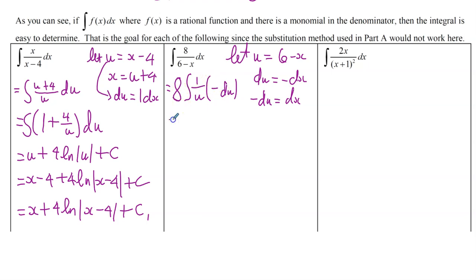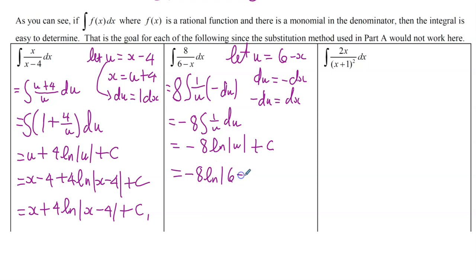Negative is just a constant, so we have negative 8 integral of 1/u du, which is negative 8 ln|u| plus C. But again, it's not about u, it's about 6 minus x. So negative 8 ln|6 minus x| plus C.